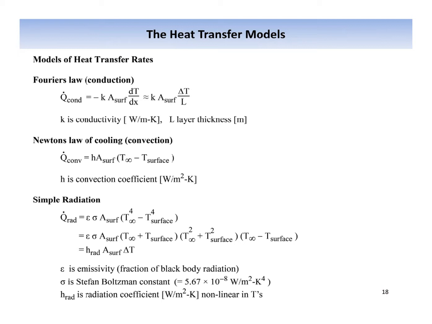The higher the conductivity of the material, the higher the value of K. A is the cross-sectional area through which the heat flux passes. dT/dx is the temperature gradient: what is the temperature difference of two bodies, and what is the distance between them?